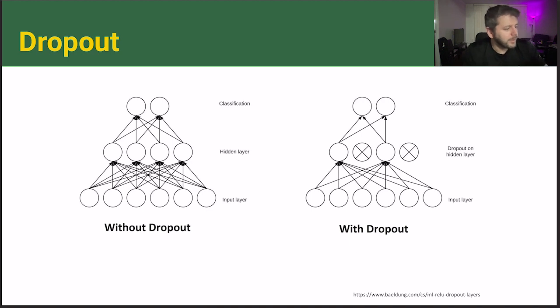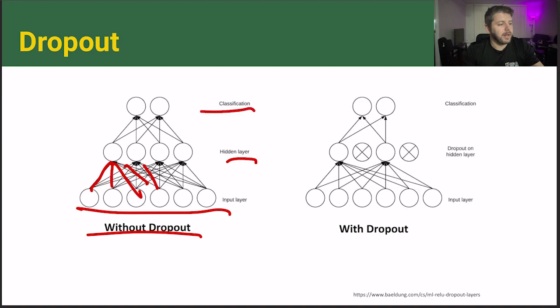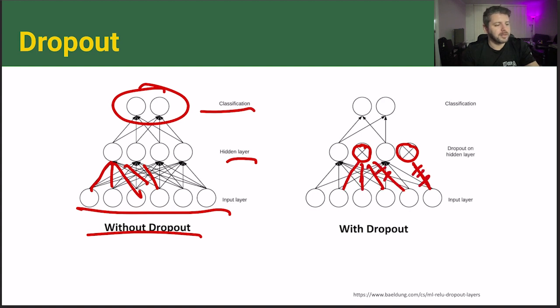So with dropout, as we can see, we have a model without dropout, which is just what we would call a fully connected network, fully connected because each neuron is connected to every other one. And we start with the input layer, we go to the hidden layer, and then we have a binary classification at the top here. But with dropout on one specific training iteration, say we would turn off this neuron and this neuron, so all those connections are broken. You don't see these, they're non-existent due to dropout, the dropped neurons in the hidden layer.